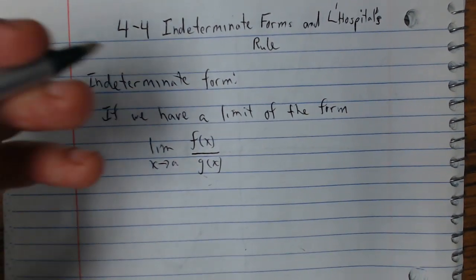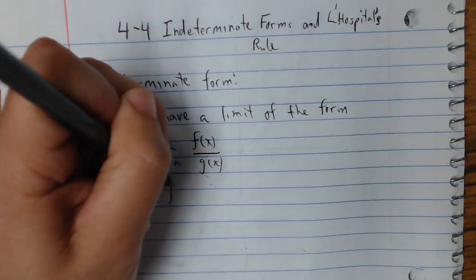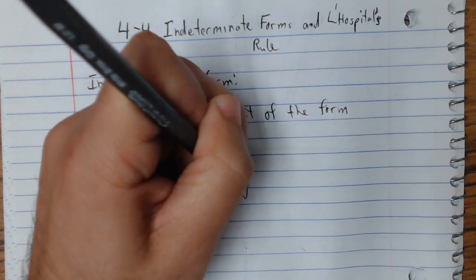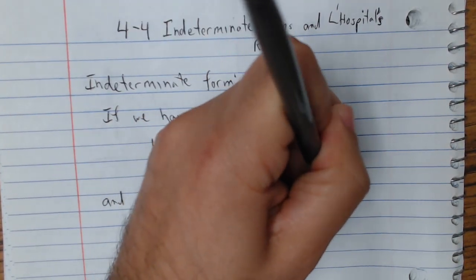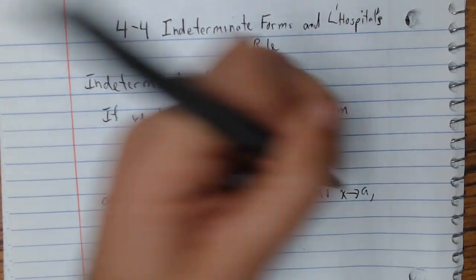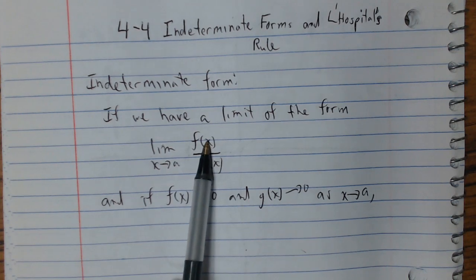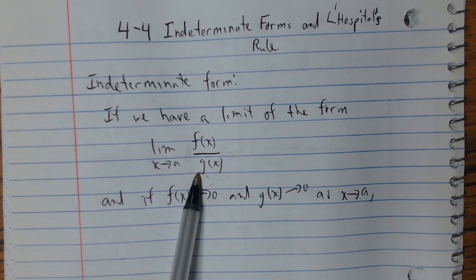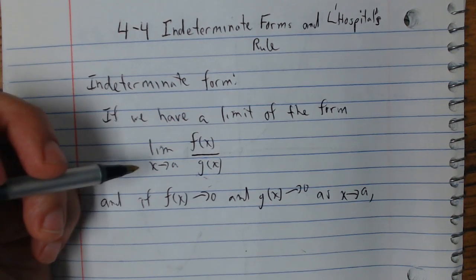And what we notice is, if f of x goes to 0 and g of x goes to 0 as x approaches a. So basically what are we noticing? As x gets close to a, f gets close to 0 and g gets close to 0. So basically I have 0 divided by 0. This is the first type of indeterminate form that we have.